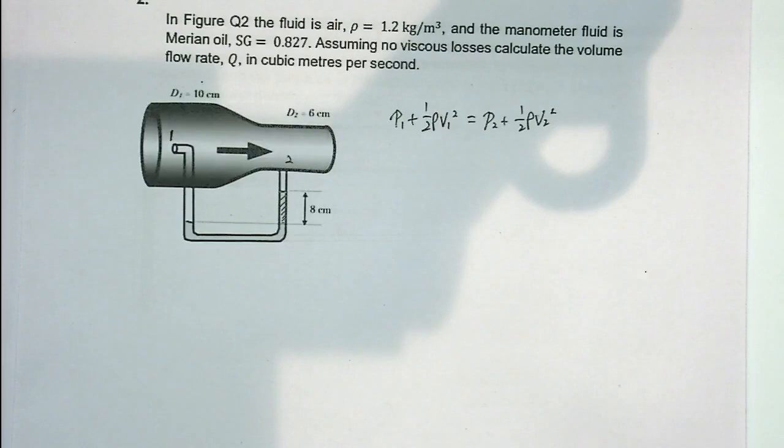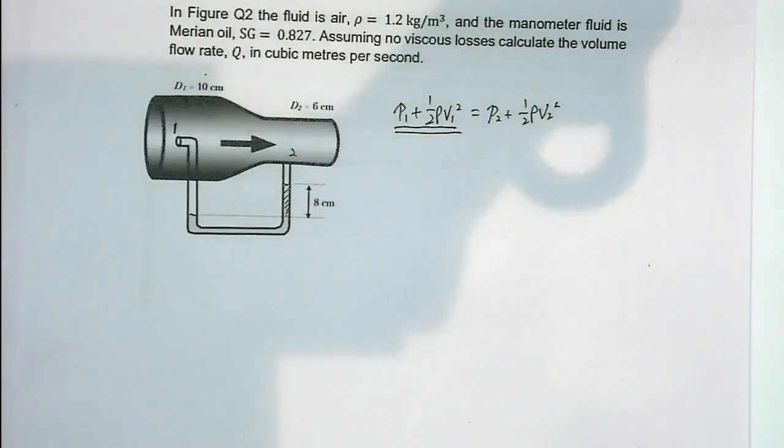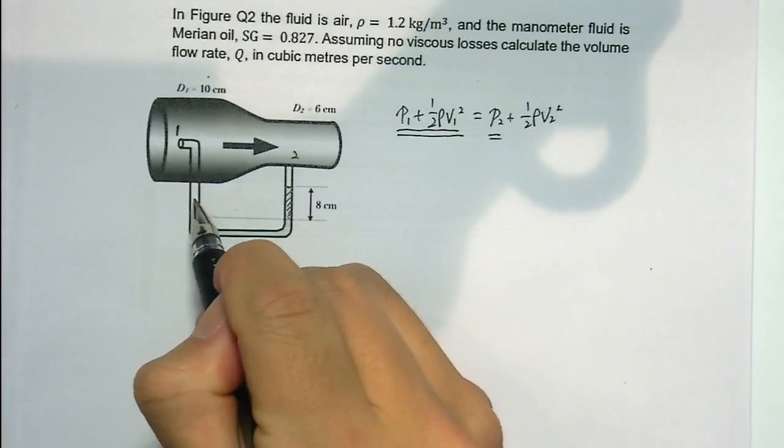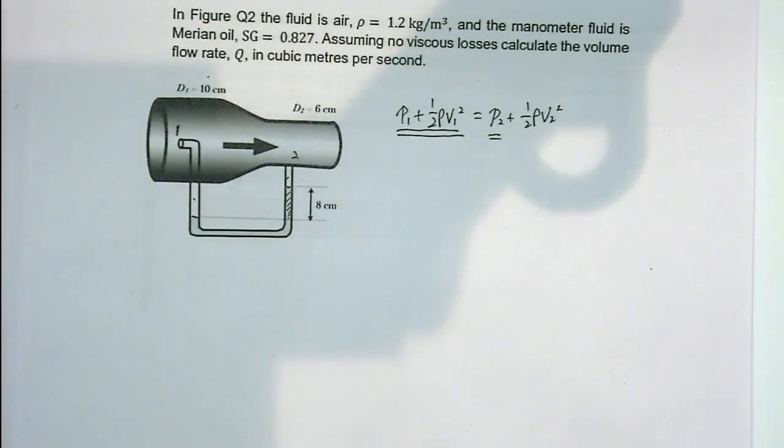Yeah. And the left hand side, that one, the P1 plus half rho V1 squared, that one is its stagnation pressure. And P2 is static pressure. So we now know the pressure here and the pressure here.